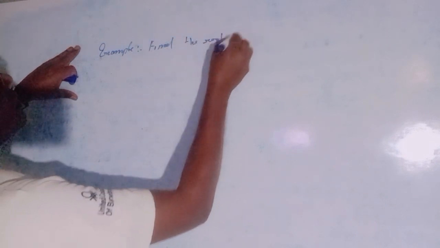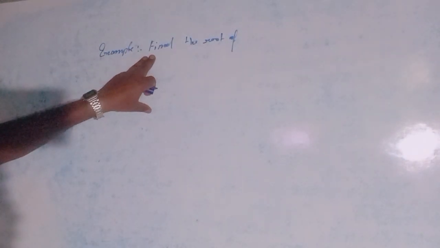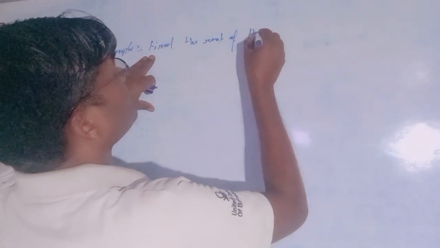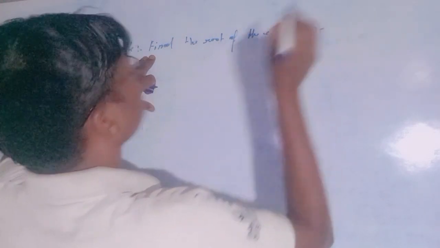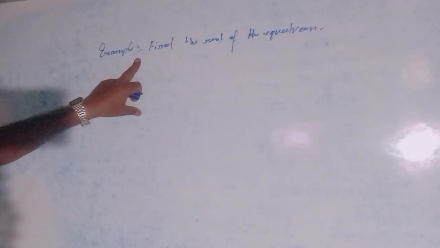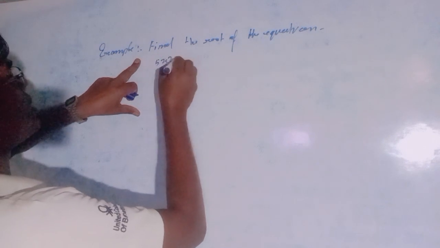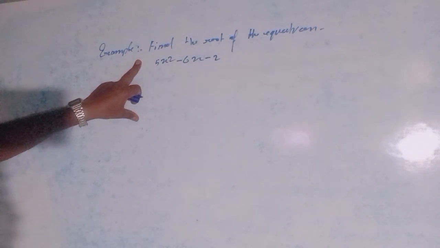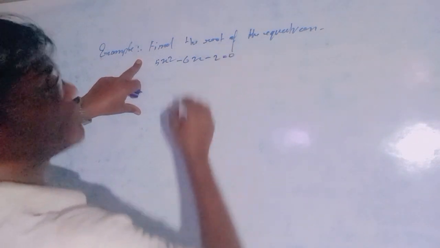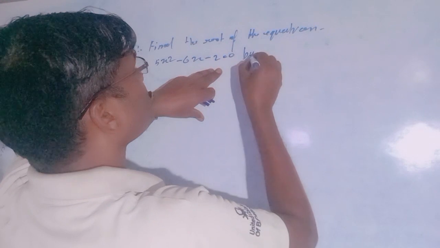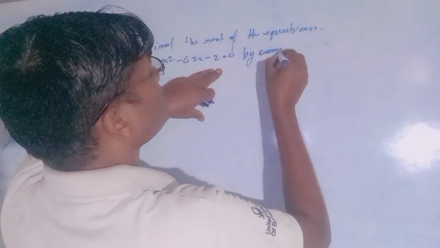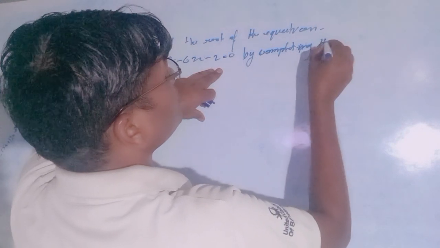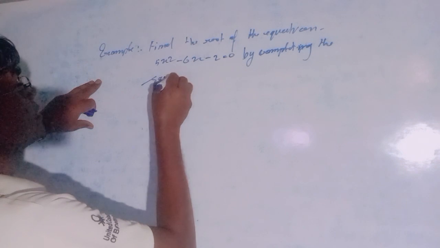Example: find the root of the equation. The given equation is 5x square minus 6x plus 2 is equal to 0, by completing the square method.